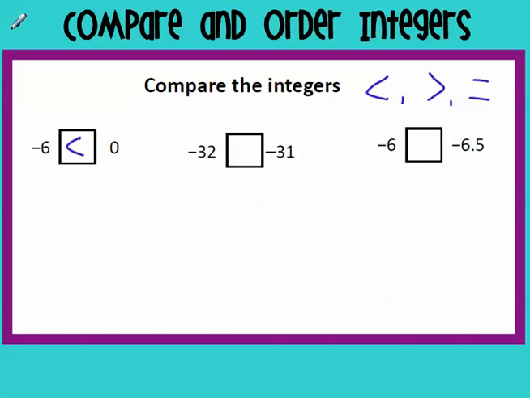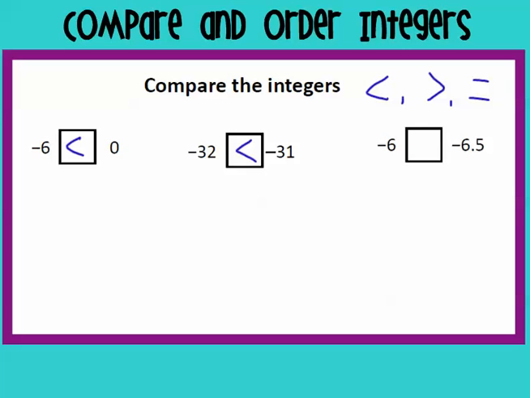So that means that looking from left to right, we're going to see the numbers that are farther away from 0 first on the number line. We'll get closer and closer to 0, and then we'll move into the positive. So if we were reading a number line from left to right, -32 would come first. So -32 is less than -31.